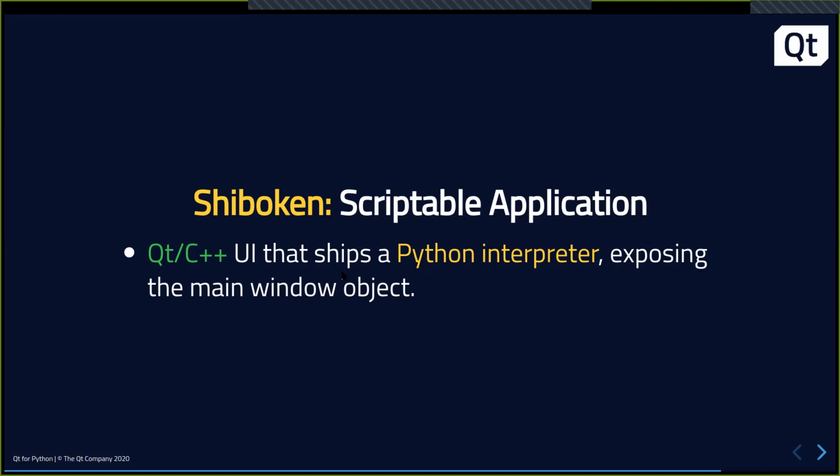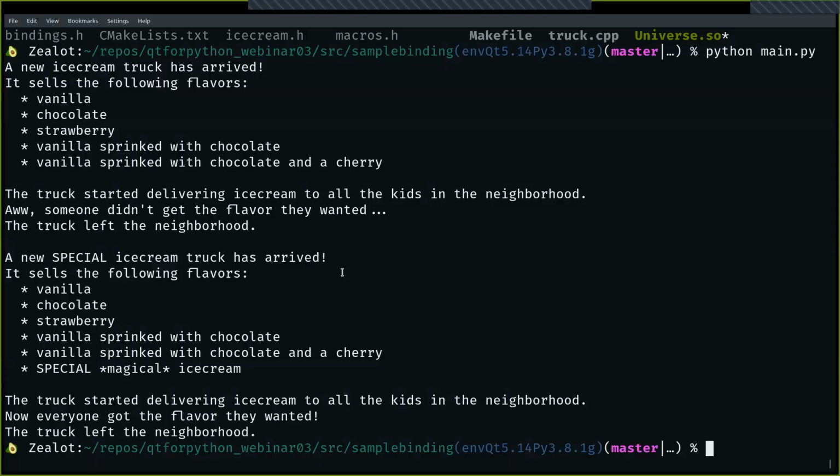Two years ago, we even had an intern working on extending Qt Creator, the IDE that we have at Qt, to be able to write plugins in Python. There was a proof of concept that worked quite well. We are maybe planning in the future to take this project further, so you will be able to write Python plugins for Qt Creator. So let's jump into the example.